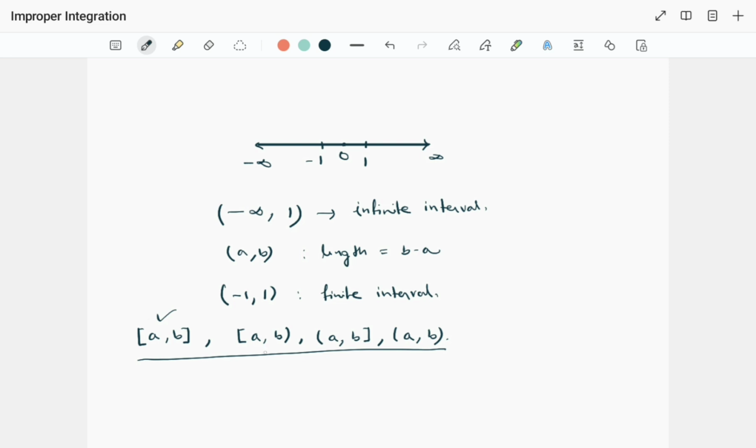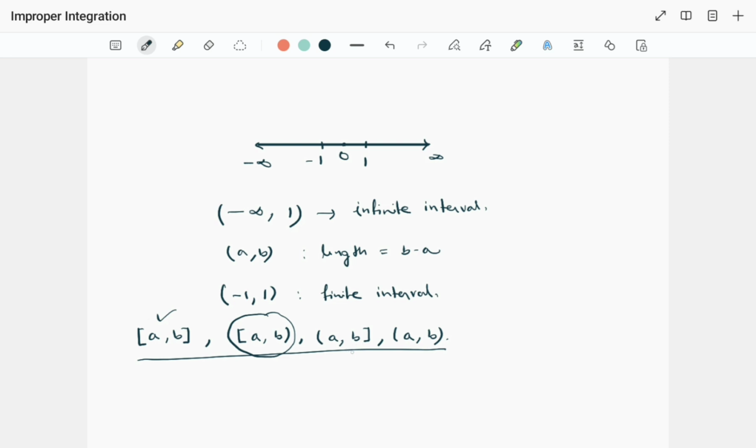Now look at the second interval. The second interval is closed from the left side but open on the right side. So in this interval there is a, but b is not included.